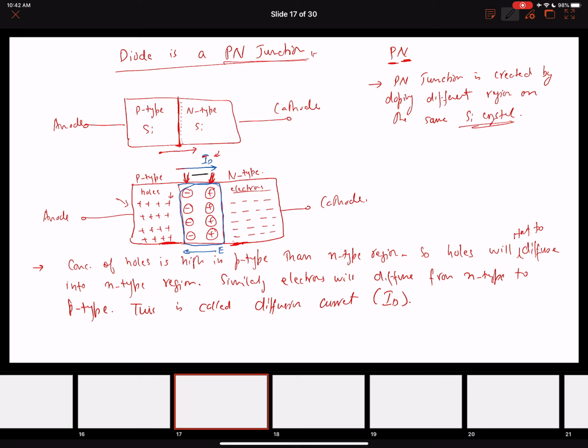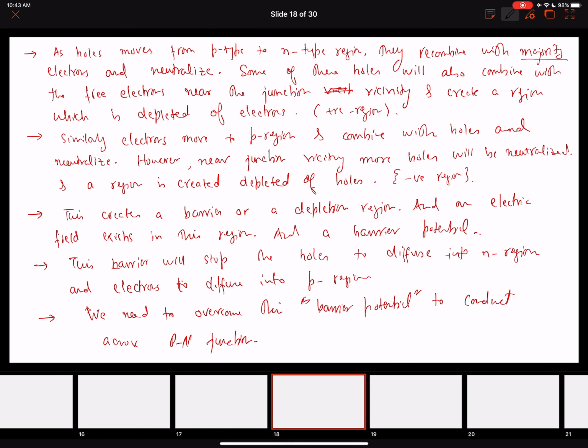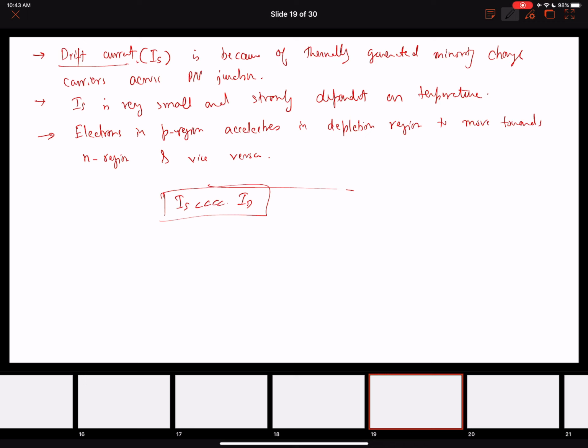And the direction of the drift current is opposite to the direction of the diffusion current. Please note that in terms of notations, this is diffusion current, and this is drift current. Both start with a D, but this one is a diffusion current, this one is a drift current.